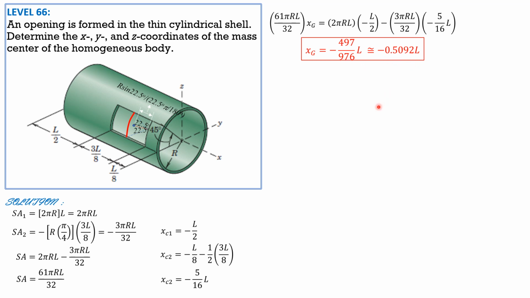Then for y, y sub c1 is 0 for this part. It lies on the centroid by symmetry, while y sub c2, for this case, it's here. This is the y-axis, so it is in this direction, so negative. So this distance, times cosine of 22.5.